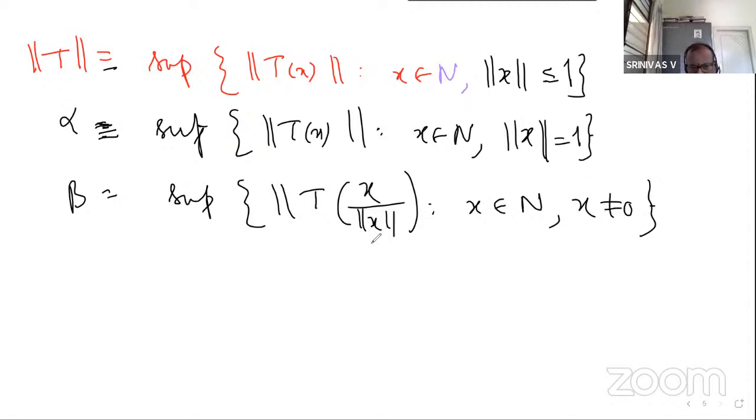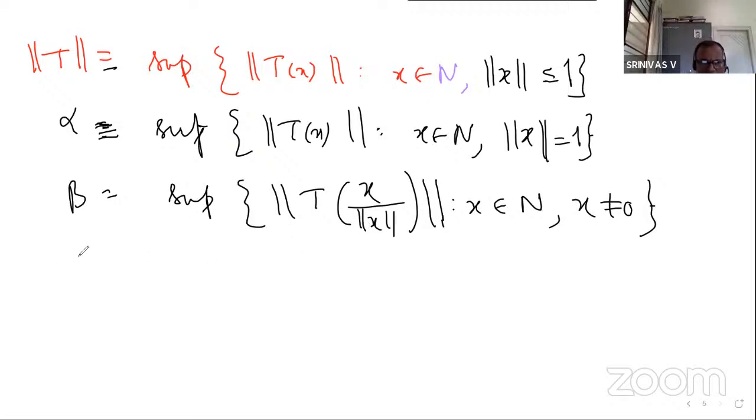If x is non-zero, this is strictly positive because we are dealing with a norm. The norm of the T image is the norm in the N dash space, and the norm of x is the norm in the N space.